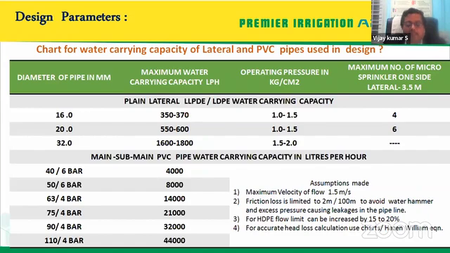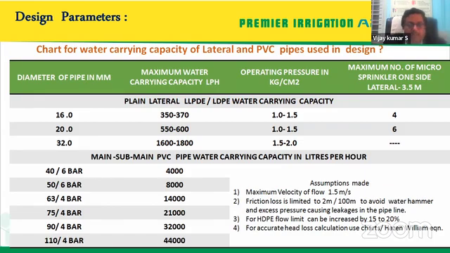Now, this chart I had already shared with you, but I'm just extending this chart. In order to do the design, we will need to know how much each of our tubing, that is our water carrying pipes, whether it is the main water carrying system or the distribution system, carries. As you know, our linear low density polyethylene pipes, or LDPE pipes, are used, and we have them in standard 16, 20, 25, and 32.